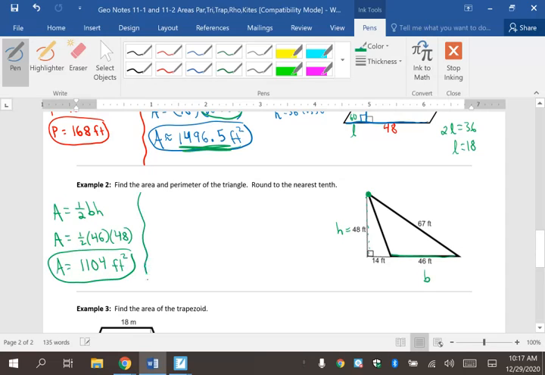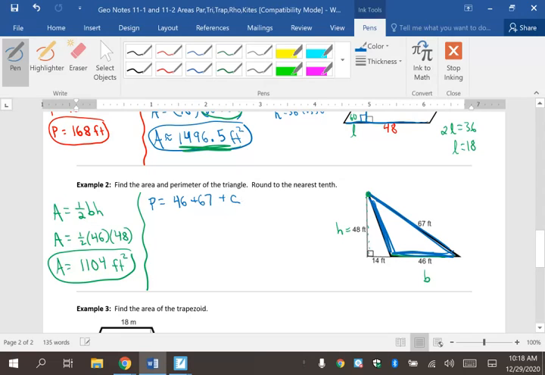Now, the perimeter is the more difficult part in this problem. The perimeter is the distance around this object. So we do have 46 plus 67. I'm going to just label the triangle we want. That is the blue. So we have the 46, the 70, 67, and the unknown.